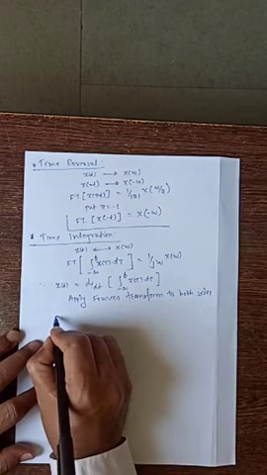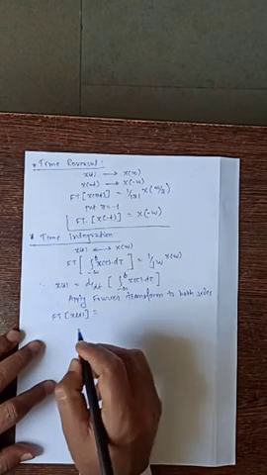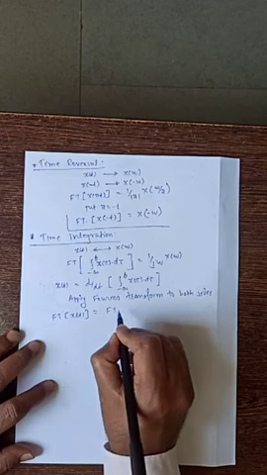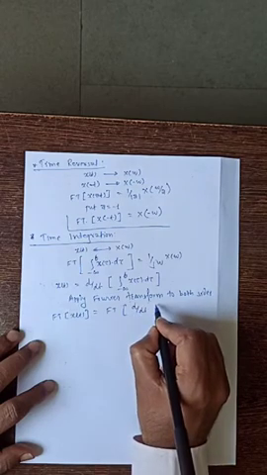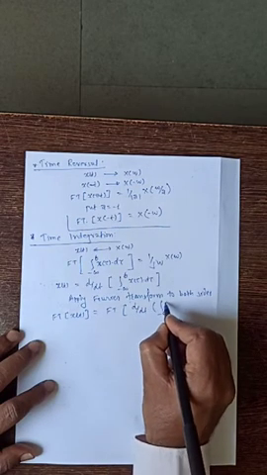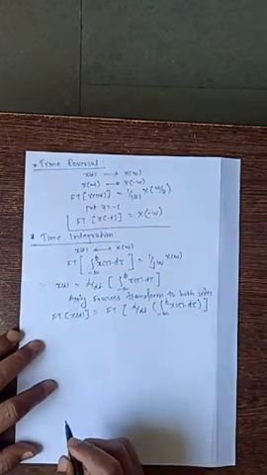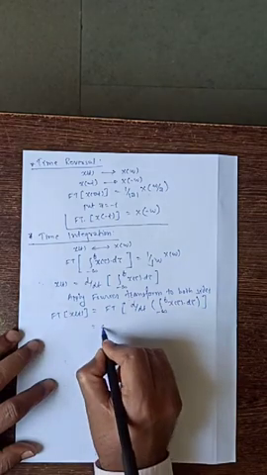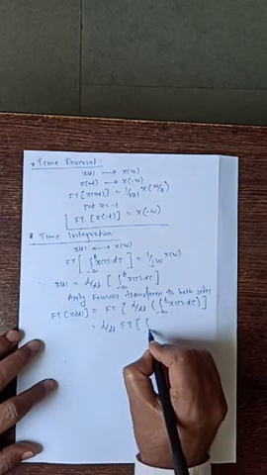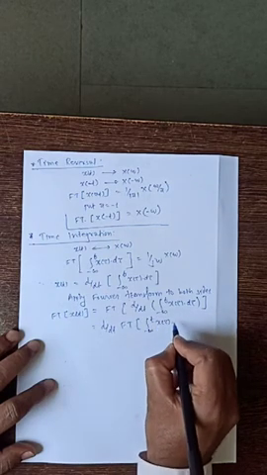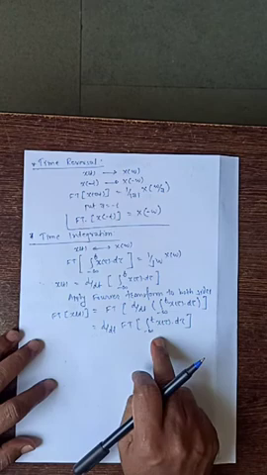So the Fourier transform of x(t) is equal to the Fourier transform of d by dt of the integral from minus infinity to t of x(tau) d tau, which is d by dt of X(omega).